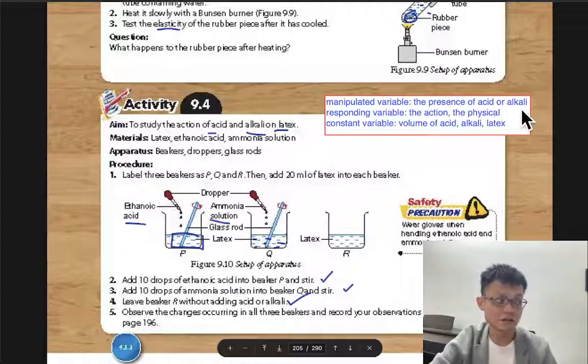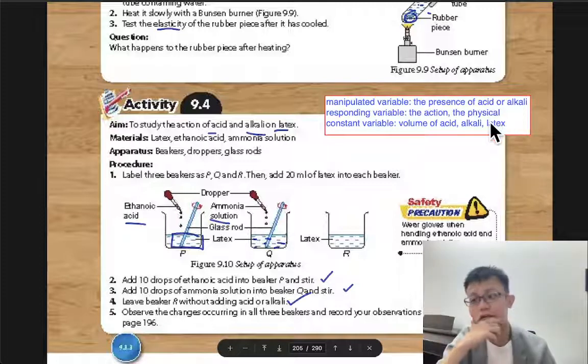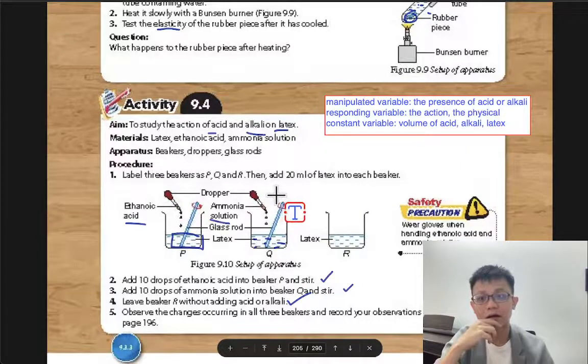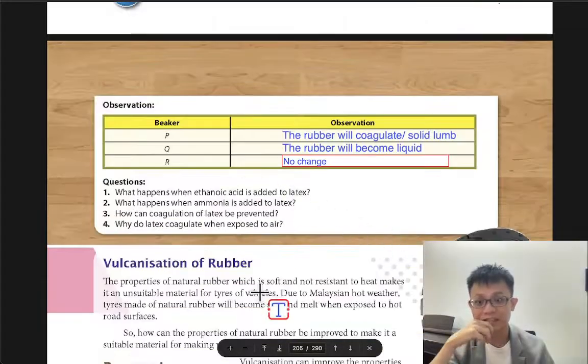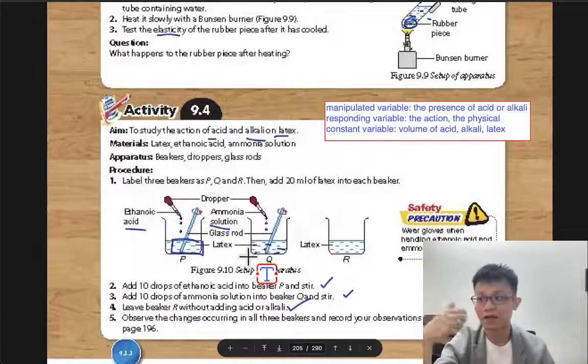Just now one student said it is the type of solution. Of course, type of solution also can, because it is the type of solution, acid or alkaline, but it depends on the hypothesis.